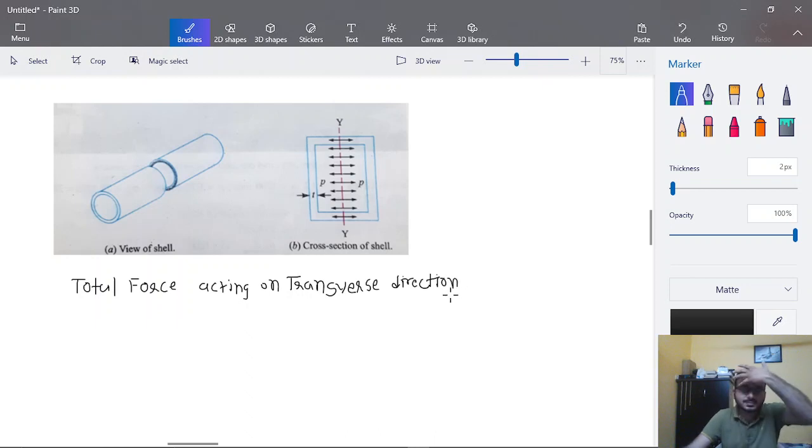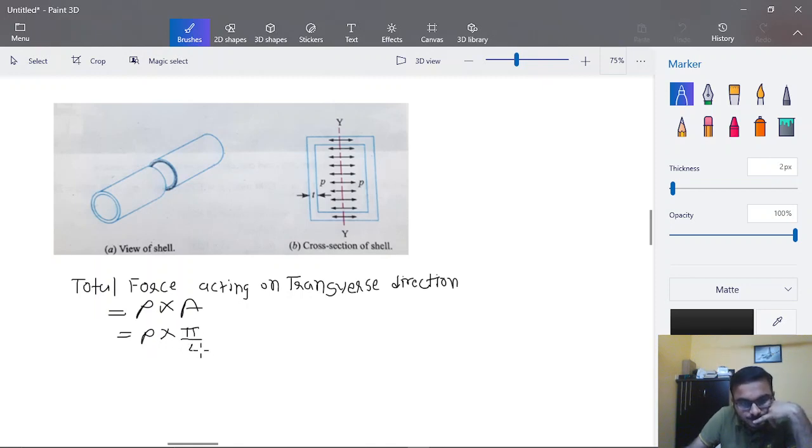In this case it will be again pressure into area. So it should be P into pi by 4 d square. As you can see, it is quite evident from the figure that the area will be pi by 4 d square through which this pressure is acting.